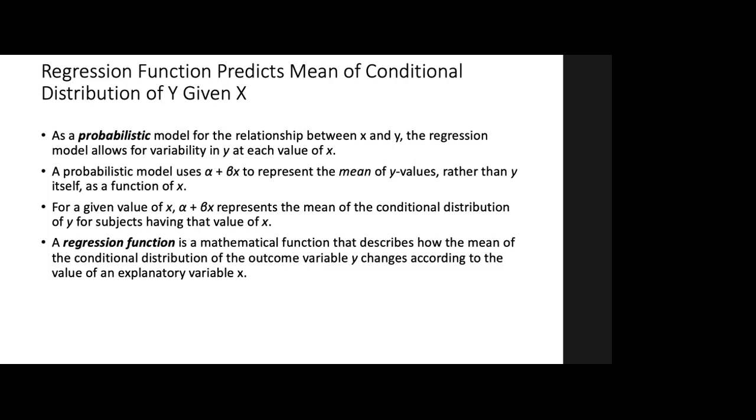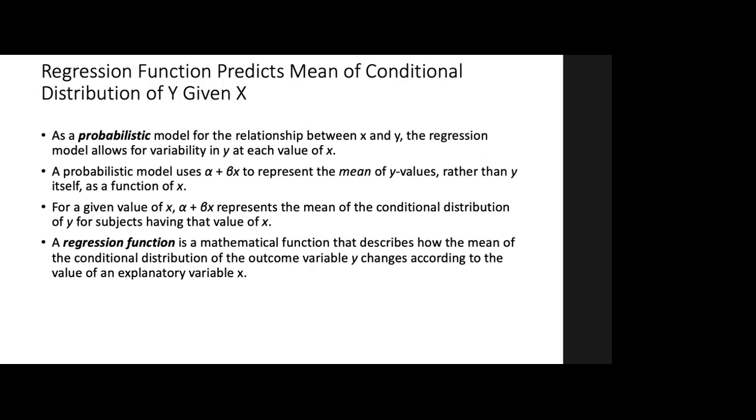So our regression model is a probabilistic model. What does it mean? It's not a deterministic model. If it was a deterministic model, then our regression equation would always predict the value of the outcome variable without any error, right? Then all our observations would be exactly on our straight line. That would be a deterministic model.